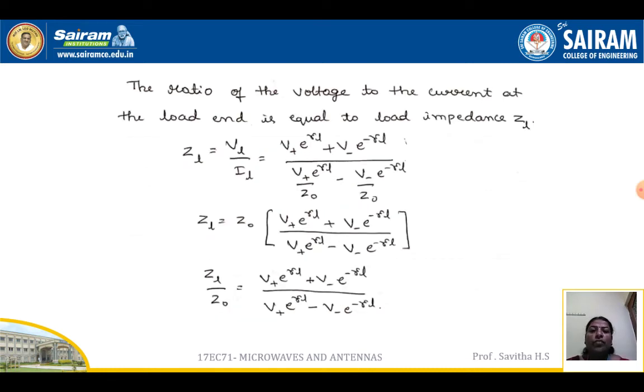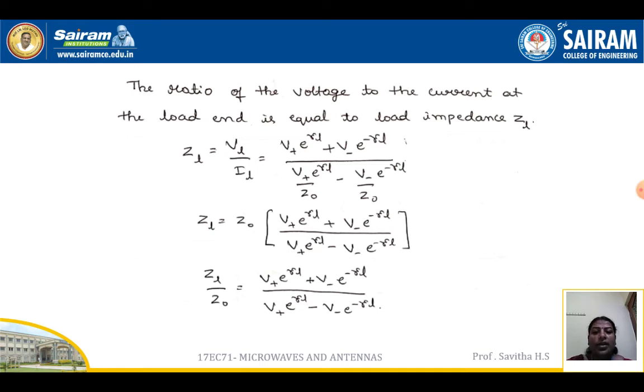So the ratio of the voltage to the current at the load end is equal to the load impedance ZL. So ZL is equal to VL by IL is equal to V plus e to the power of gamma L plus V minus e to the power of minus gamma L divided by V plus e to the power of gamma L divided by Z naught minus V minus by Z naught e to the power of minus gamma L. So ZL is equal to, we'll take Z naught as common in the denominator and take it into the numerator.